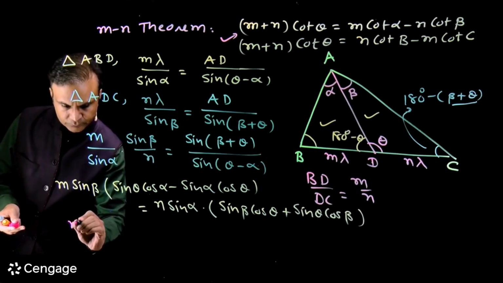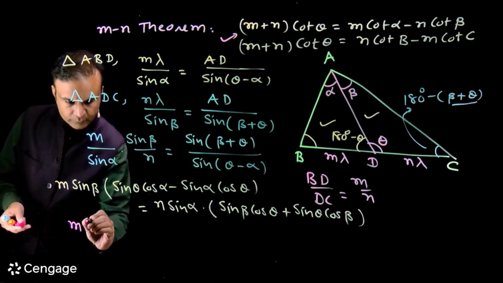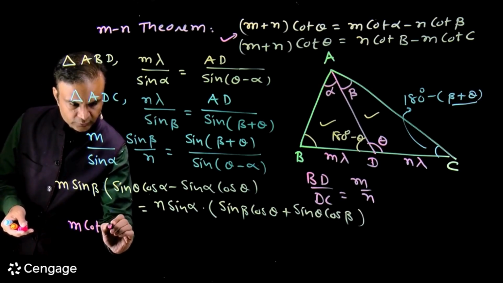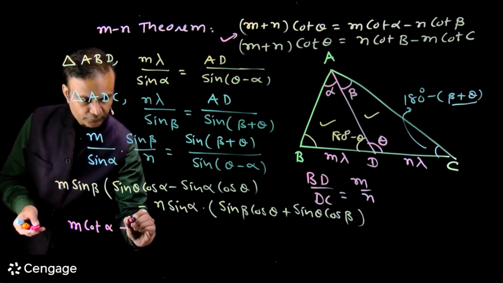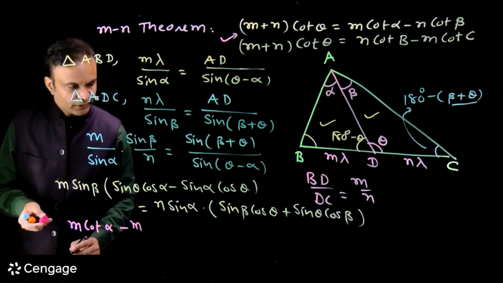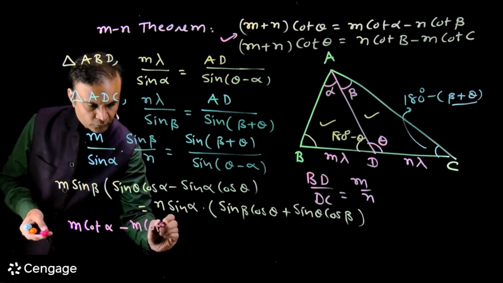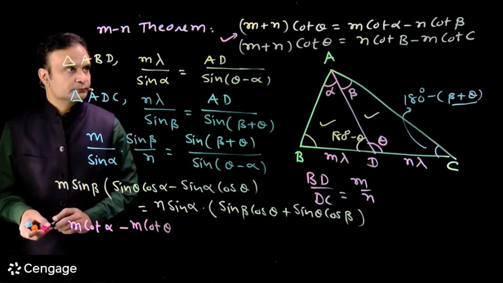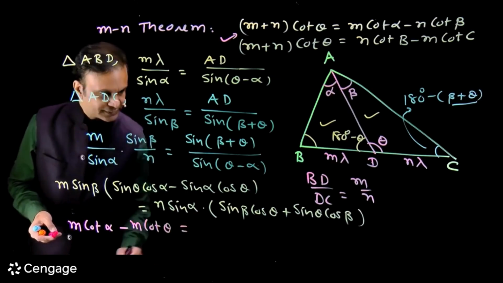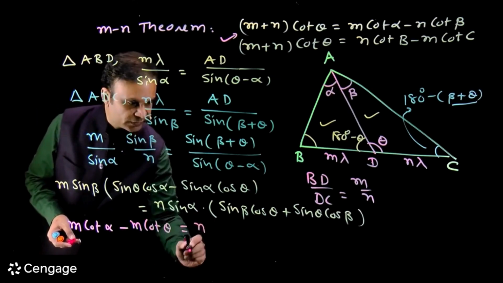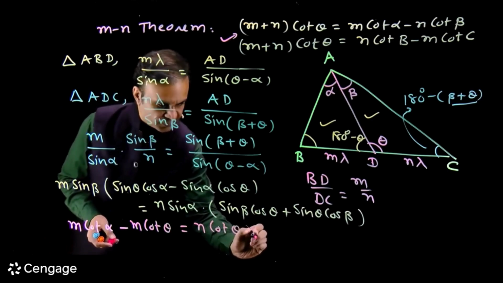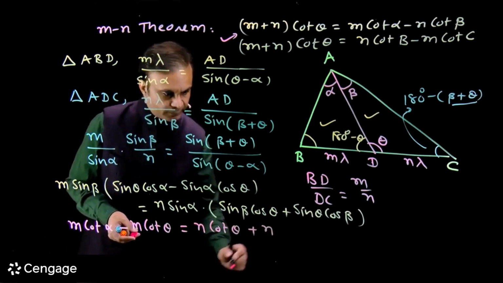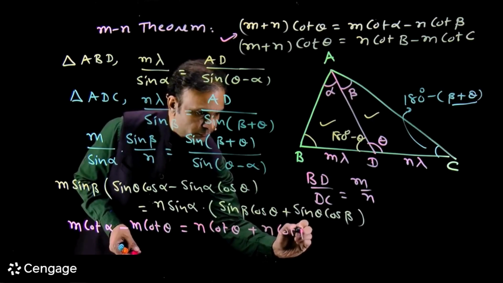So we get m multiplied by cot alpha minus m multiplied by cot theta. This is equal to n multiplied by cot theta plus n multiplied by cot beta.